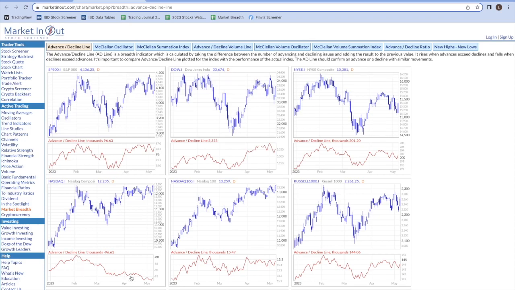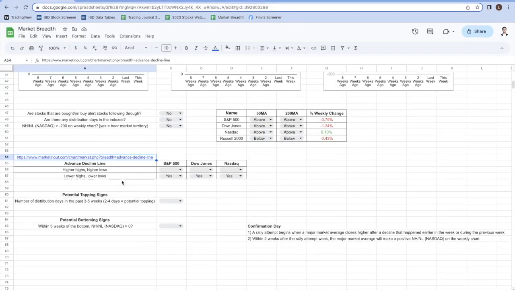What the advance-decline line shows us is it compares the number of stocks advancing versus the number of stocks declining. Ideally, we want to see the advance-decline line making higher highs and higher lows. But as you can see right now, all three main indexes, the S&P 500, the Dow Jones, and the Nasdaq, are recording lower highs and lower lows.